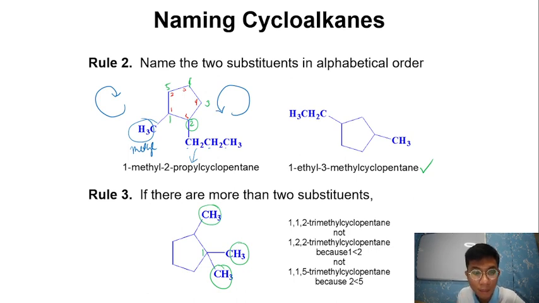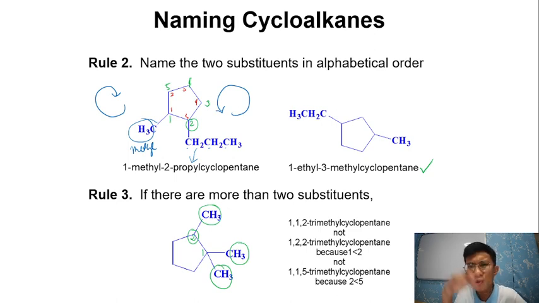Bigyan ng mababang number yung ito, kapag ginawa mo siya again counterclockwise, this will become 2. So may isa pang sa carbon number 2 yung cyclopentane. Okay? So kaya ang magiging pangalan niya is 1,1,2-trimethylcyclopentane.